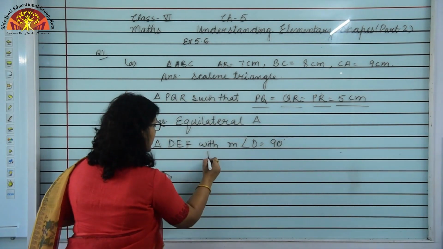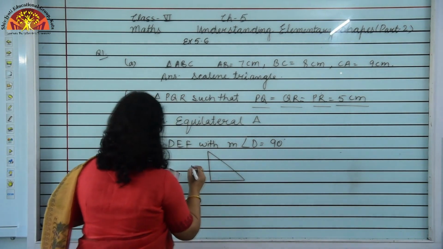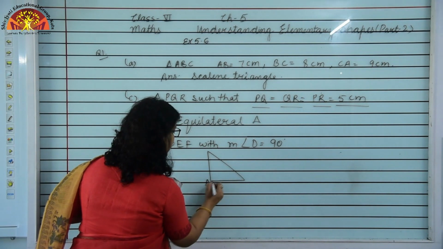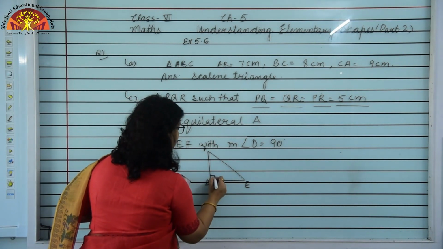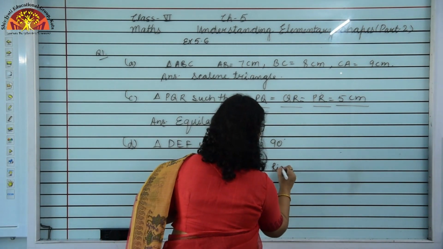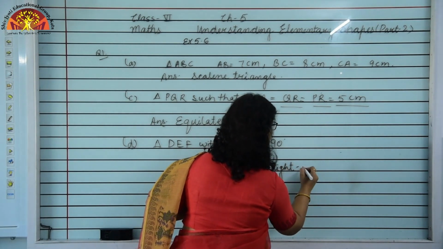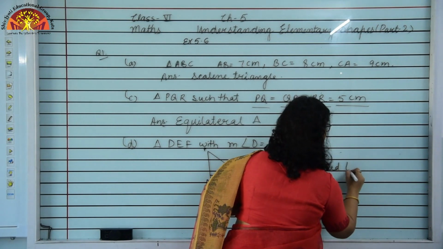In this is the triangle and D is 90 degrees, D, E and F. What type of triangle is this? This is a right angled triangle.